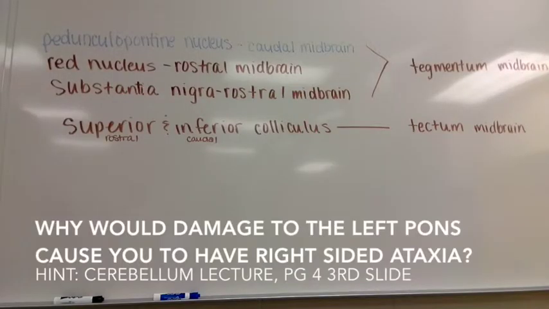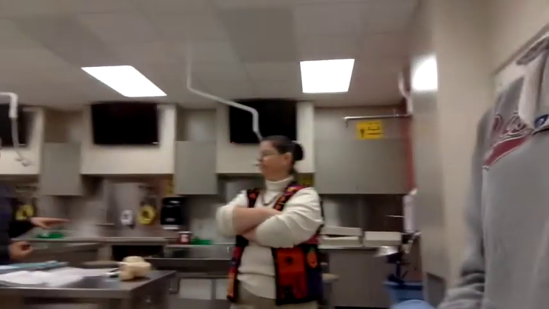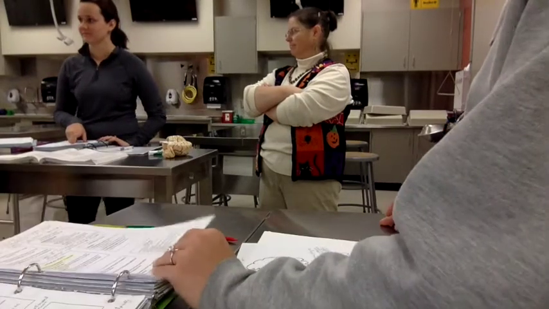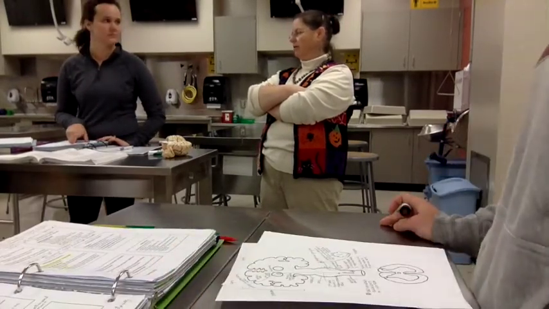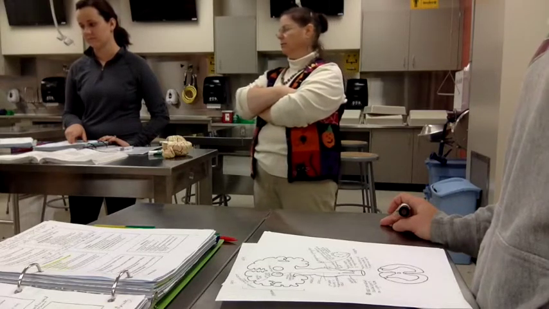Why might damaging the left pons cause you to have right-sided ataxia? So what's in the pons that could be damaged with a pontine injury?